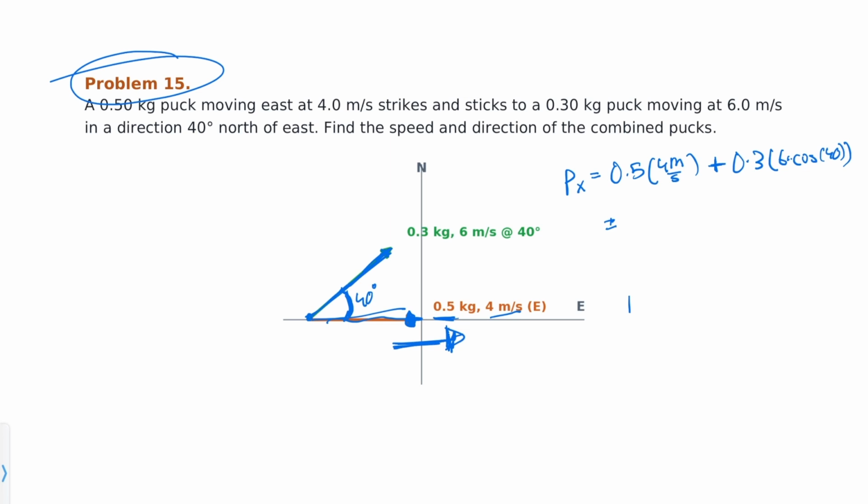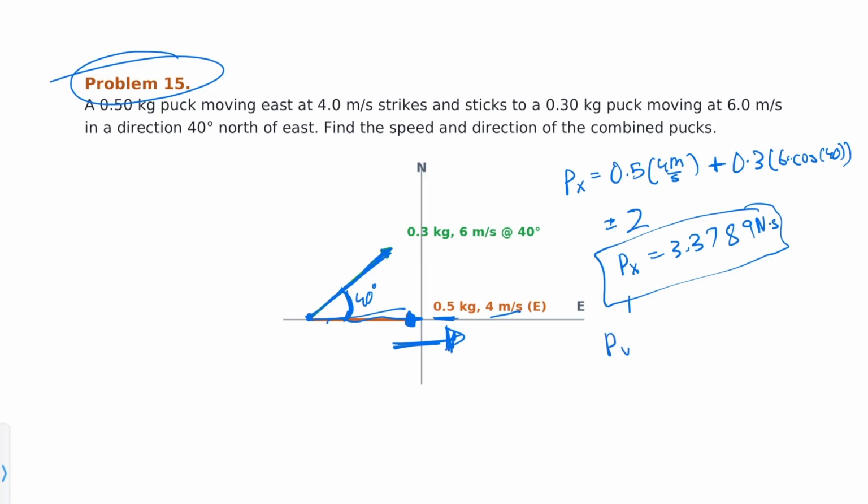The first one is pretty simple, it's just 2, right? 0.3 times 6 times cosine 40, and that plus 2. So px is about 3.3789 Newton seconds.